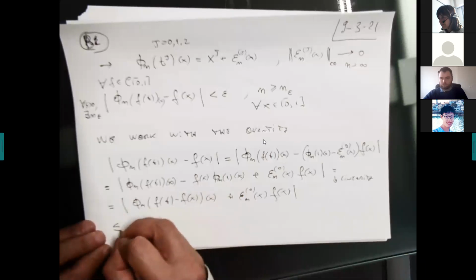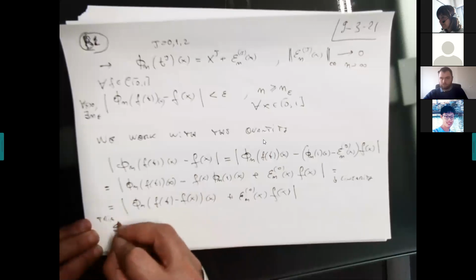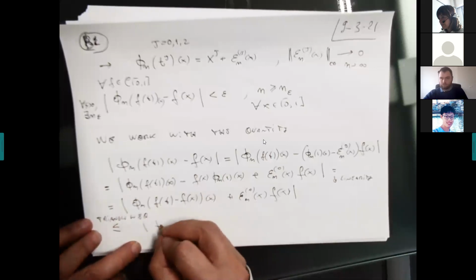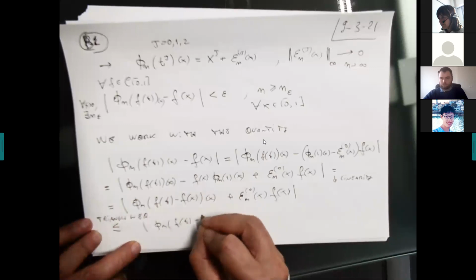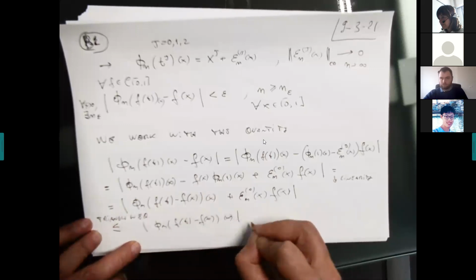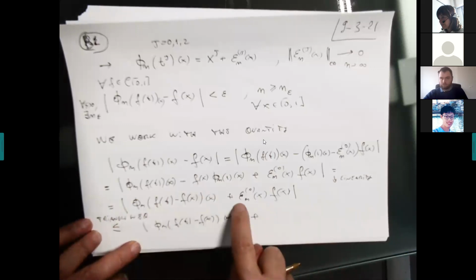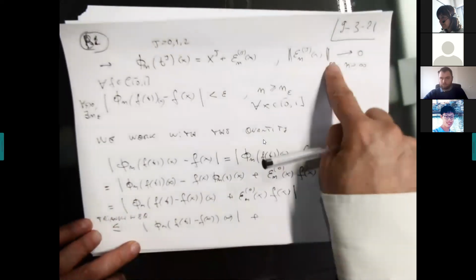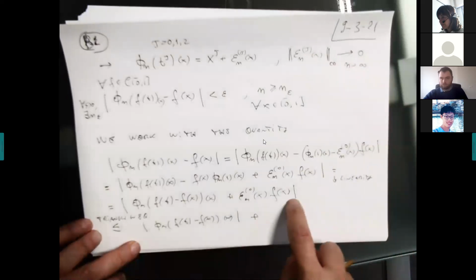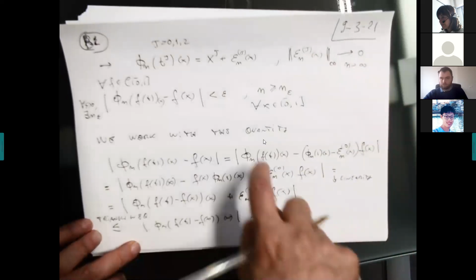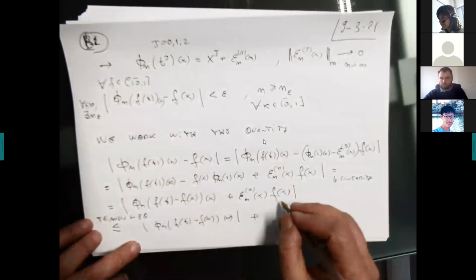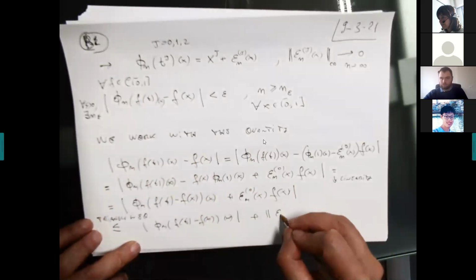Now we use something simple, triangle inequality. So this is phi n of f of t minus f of x in x plus u. Now there is the modulus of that, but the modulus of that is bounded by the product of the infinity norm. One of these is uniformly converging to 0, and the other is the infinity norm of a function which is continuous on the interval 0, 1. So is something that we can govern very well.